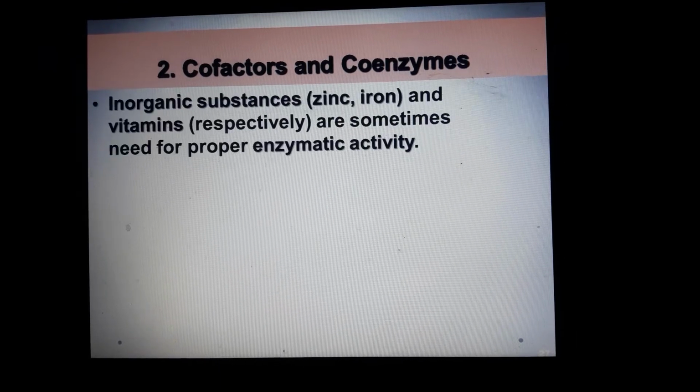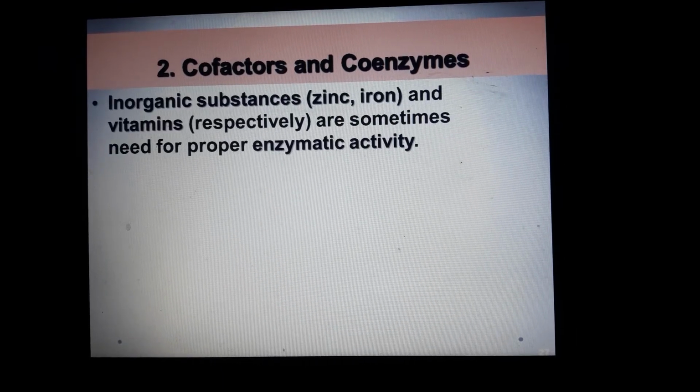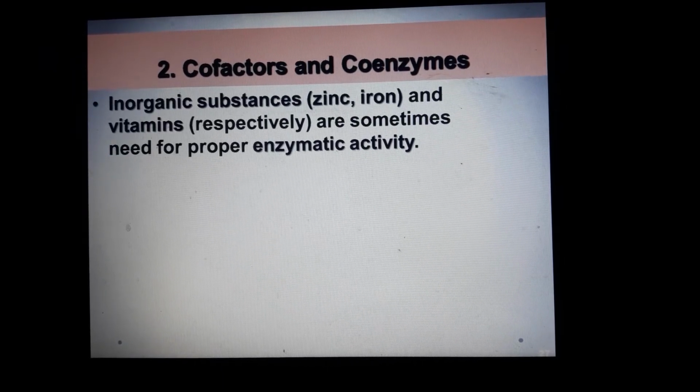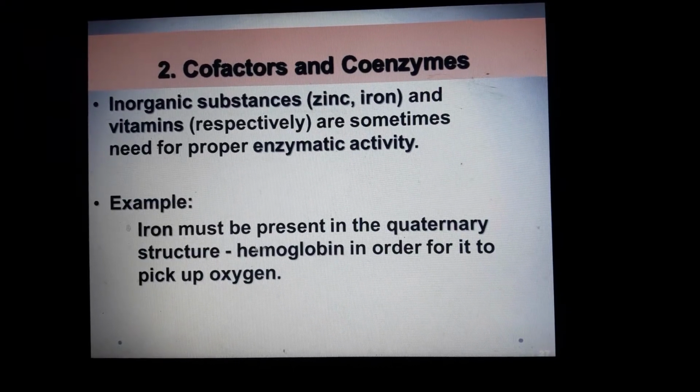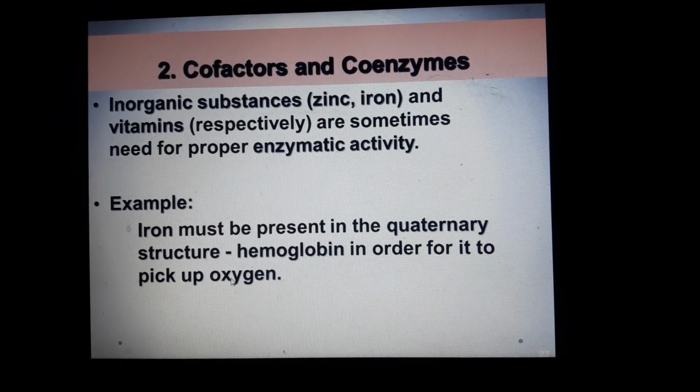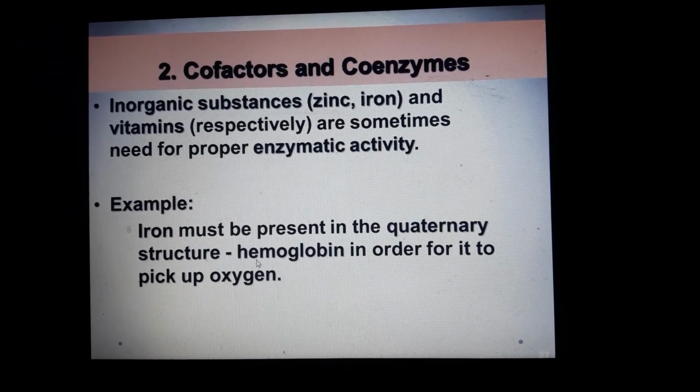Cofactors and coenzymes include inorganic substances like zinc and vitamins, which are sometimes needed for proper enzymatic activity. For example, iron must be present in the quaternary structure of hemoglobin in order to pick up oxygen. Usually iron binds with the quaternary structure; hemoglobin is based on the quaternary protein structure.